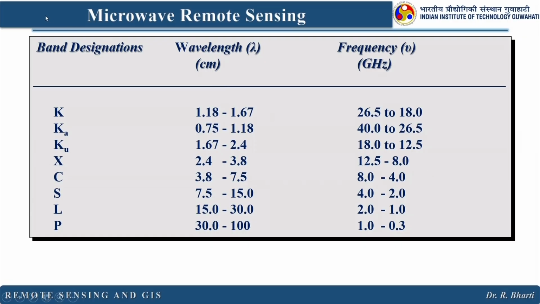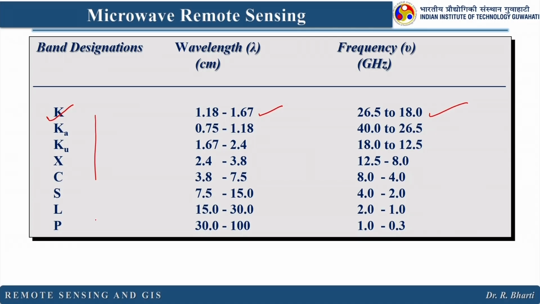And like in optical remote sensing we had the visible band, and everywhere we divided the wavelengths into bandwidths as per the sensor configuration. But here in microwave remote sensing we have assigned some designated letter for a designated wavelength range or frequency. So, for K band this is the wavelength, this is the frequency.